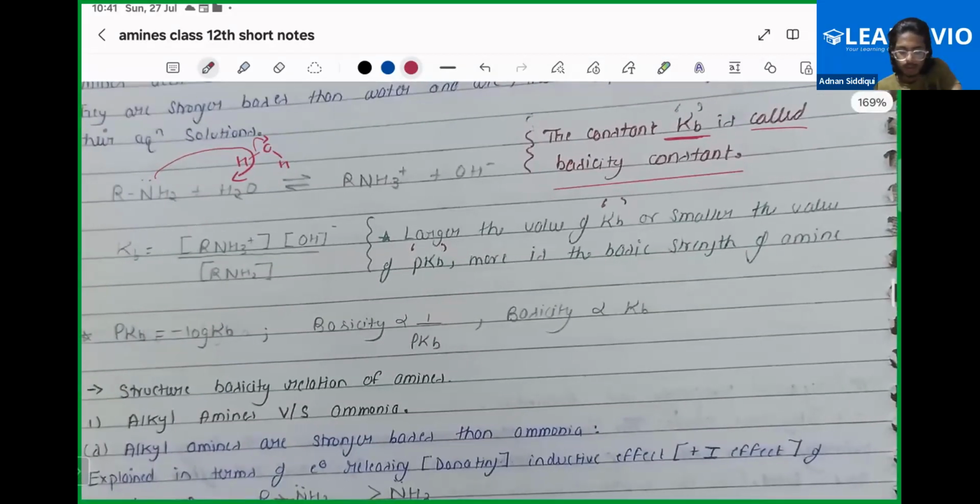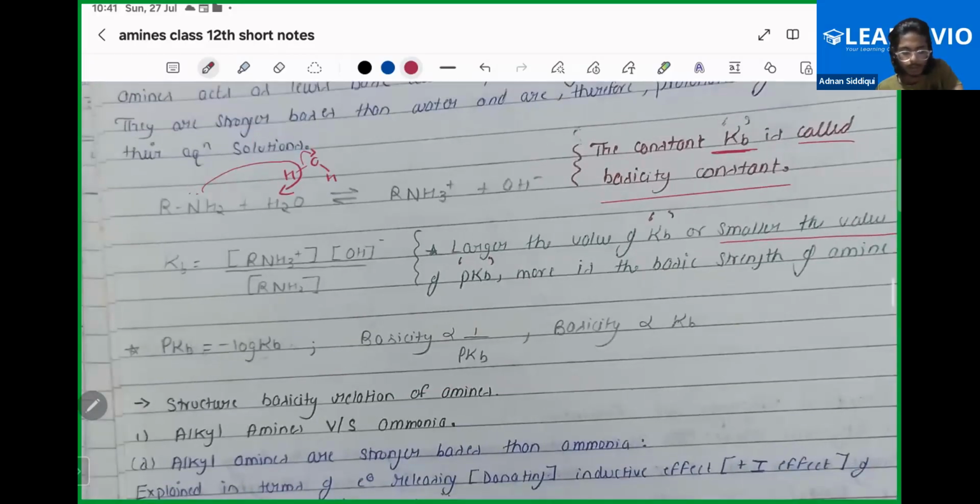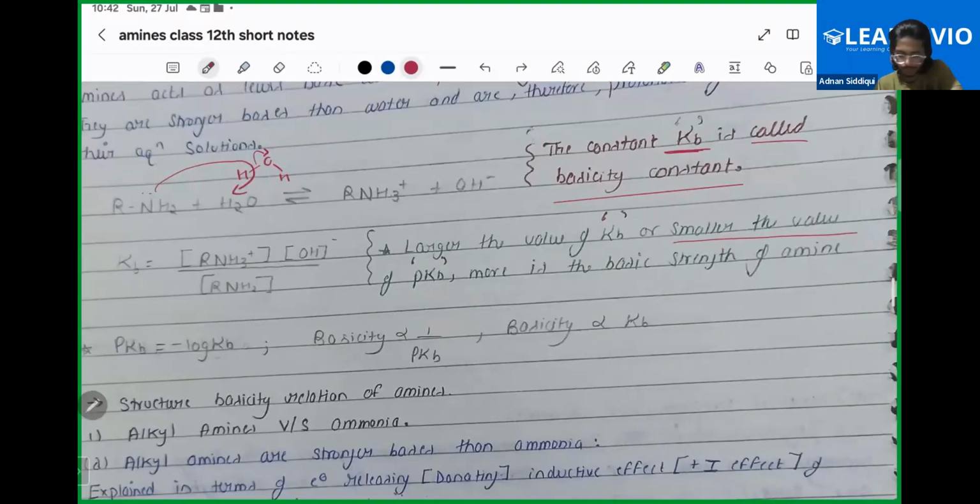So what do we know? Larger the value of Kb, smaller the value of pKb, because Kb and pKb are inversely proportional. Because pKb is nothing but minus log Kb. If pKb is higher, that means the basicity is low. Basicity is directly proportional to Kb.